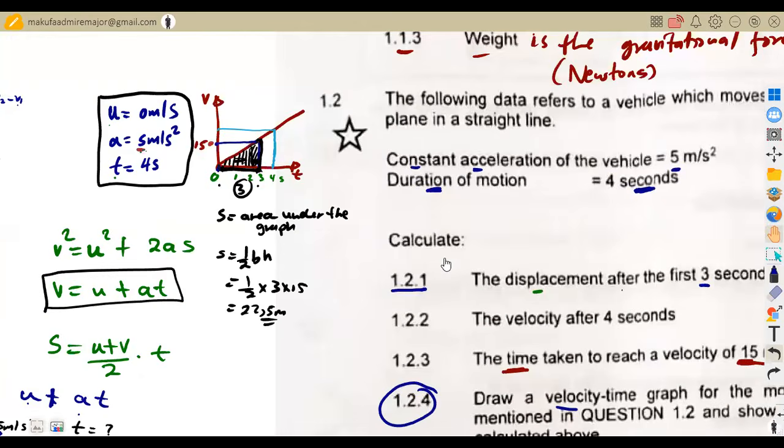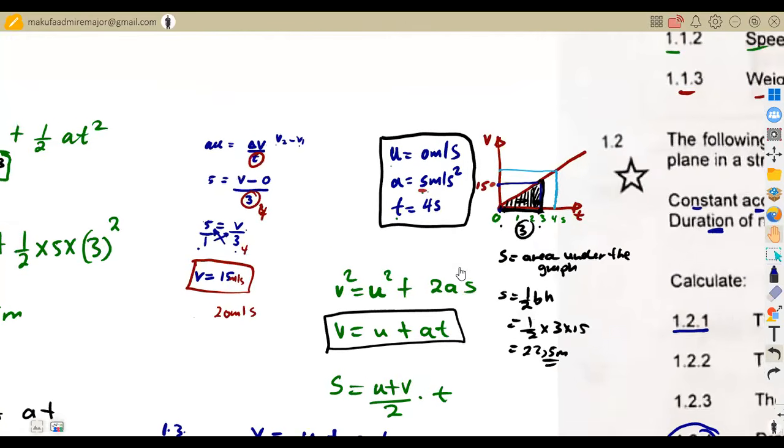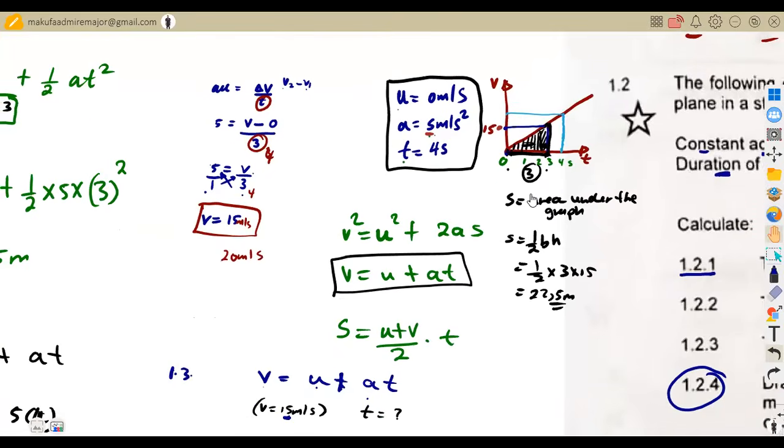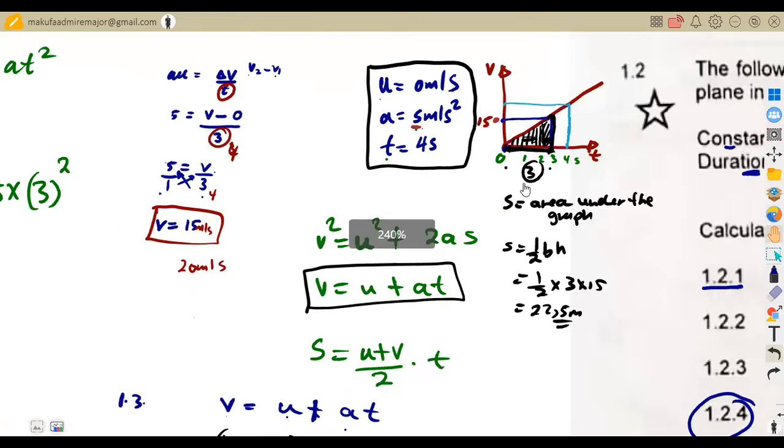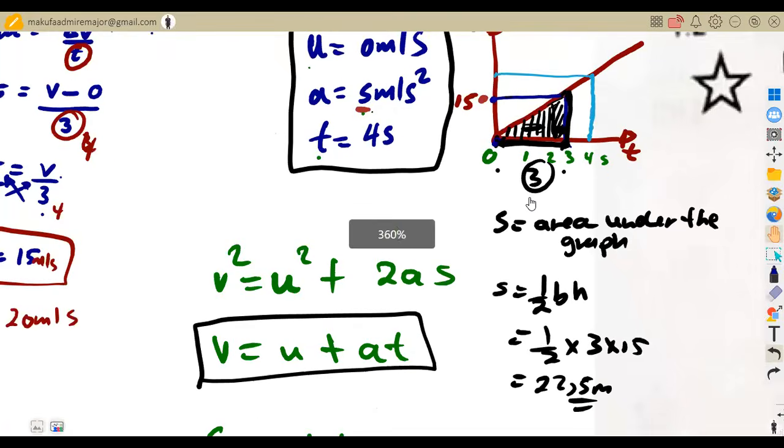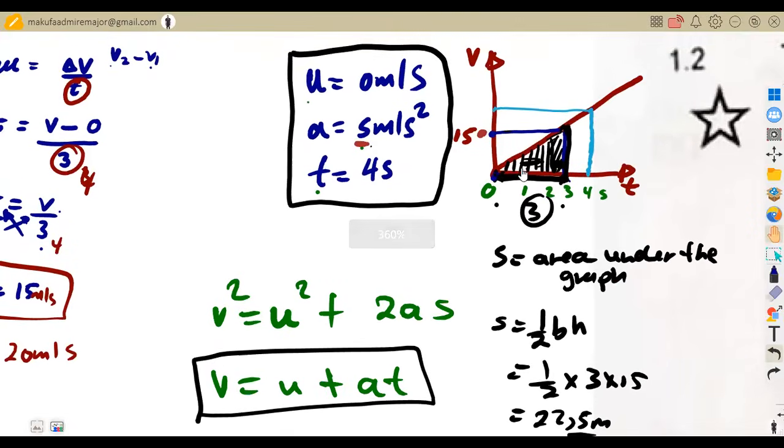From this part I explained a sketch of how your velocity-time graph is supposed to look, with time in seconds and velocity, but now we are supposed to draw it properly according to scale, having all your points indicated.